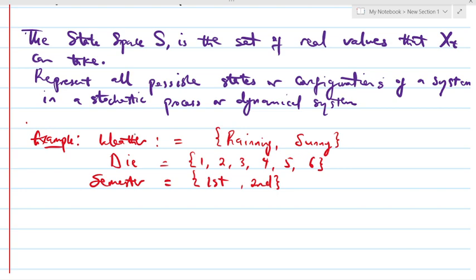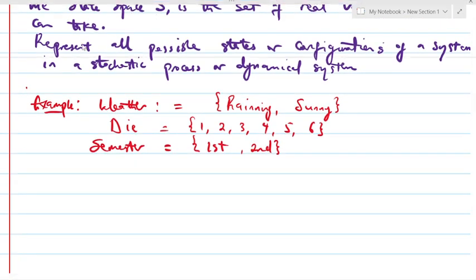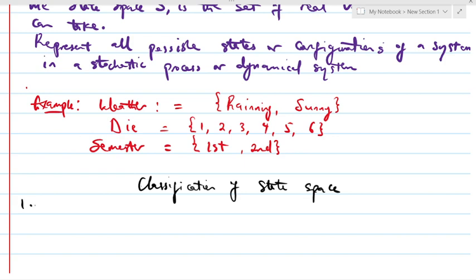Now we can classify this state space into two types. Classification of state space, that is, of the possible states of your dynamical system. Your state space can be, one, a discrete state space.